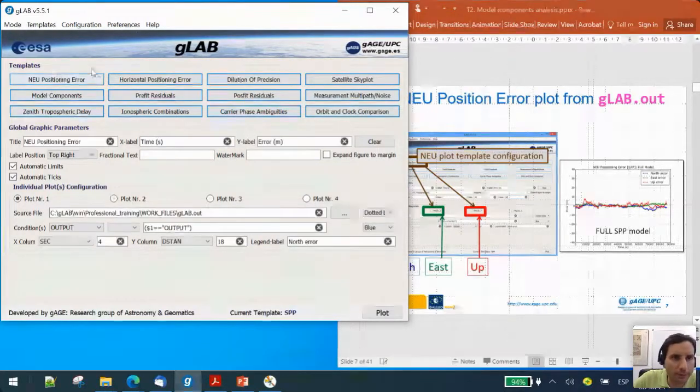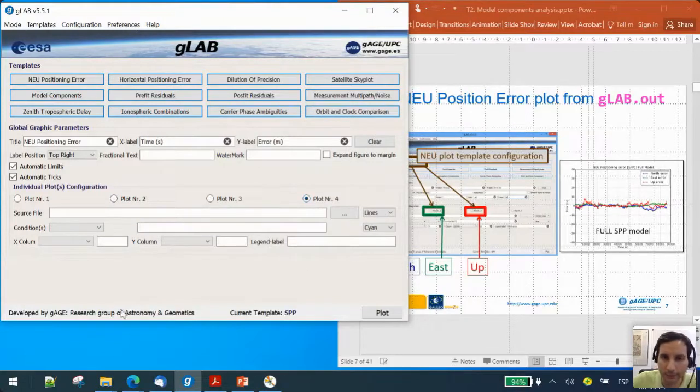So when you press Northeast tab positioning error, we are using time series number 1, time series number 2, and time series number 3. But you can see that time series number 4 is empty. So we could include anything that we like here. But to plot the navigation error, 3 plots is more than enough.